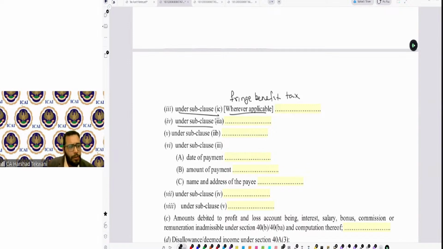Then under subclause (iia), that is any sum paid on account of wealth tax. Then (iib) talks about any amount paid by way of royalty, license fees, service fees, privilege fees, service charge, by whatever name called, which is appropriated directly or indirectly from a state government undertaking by the state government. So I will write royalty or license fee.